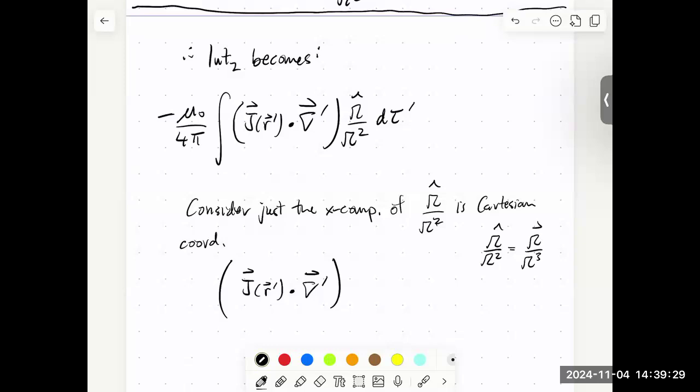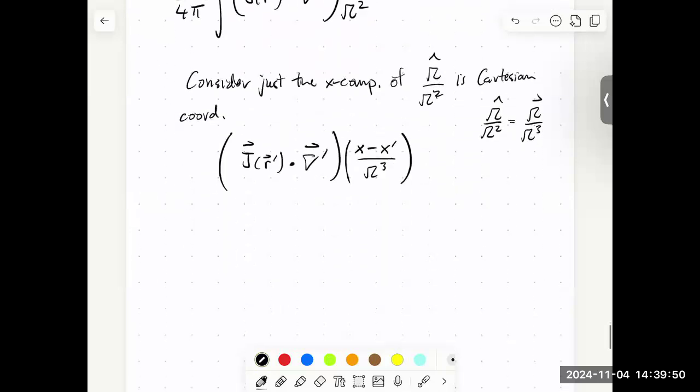All right, so if I take just the x component of vector r, that's what we end up with. And now we have to do another product rule. And the product rule we're going to have to do is product rule number 5.